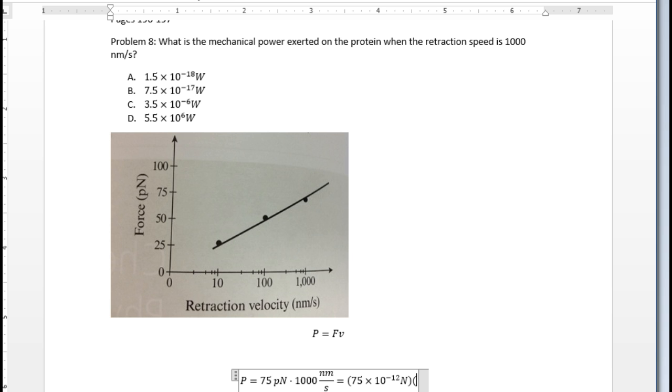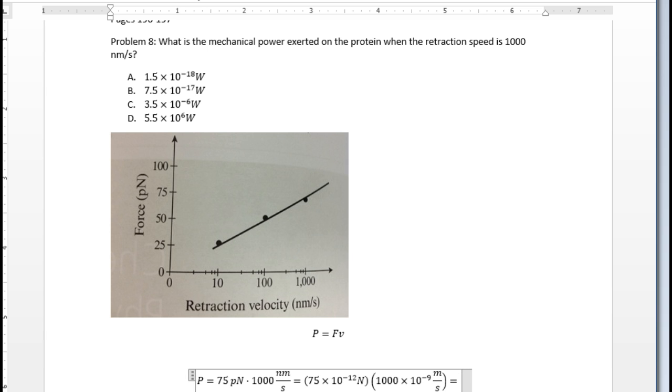A nanometer is 10 to the minus 9th meters, so 1,000 times 10 to the minus 9th meters per second, right? Okay, so at this point, if you're working along with this, we already really know the answer, because this is going to give us 7.5 something, right? And so we know the answer is going to be B, but let's go ahead and finish out the problem.